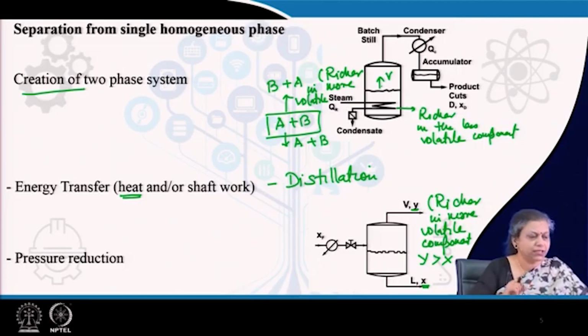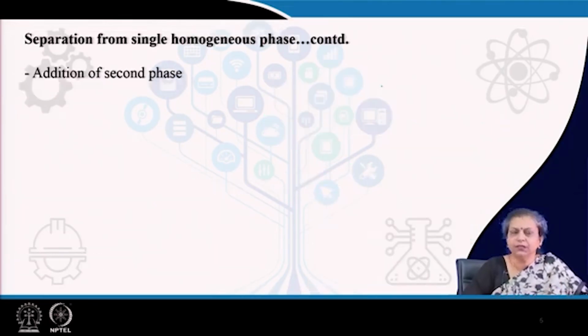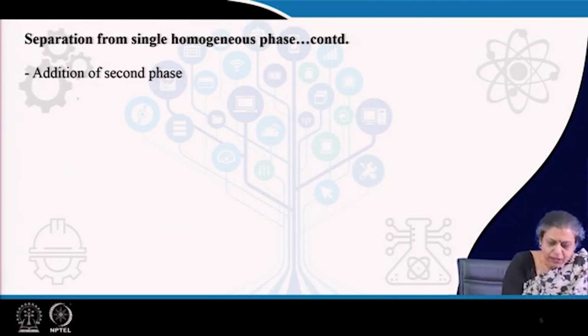So, under those conditions what do we do? When we cannot separate the two components of a homogeneous mixture by creating a phase either by application of heat or by pressure reduction, then in that case we have no option, we have to add a second phase.